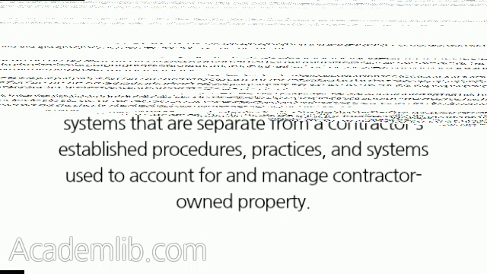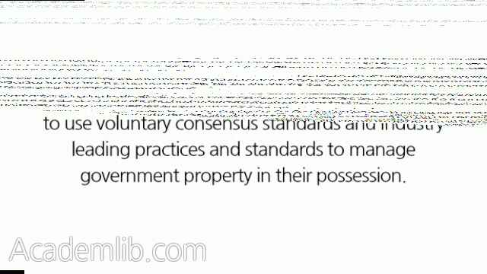However, agencies will not generally require contractors to establish property management systems that are separate from a contractor's established procedures, practices, and systems used to account for and manage contractor-owned property. Agencies must allow and encourage contractors to use voluntary consensus standards and industry-leading practices and standards to manage government property in their possession.